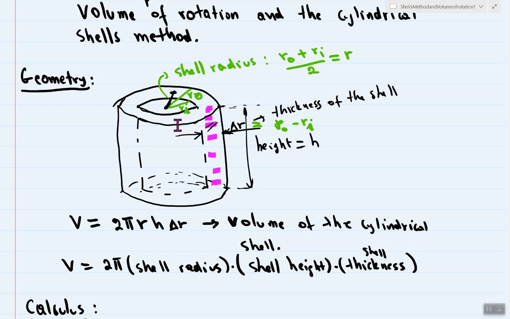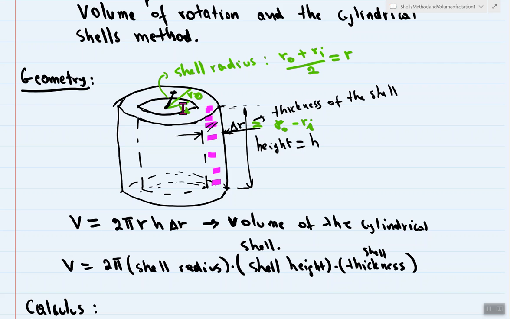So to find the volume of this cylindrical shell, this is what we need. We need the shell height. How tall is this cylindrical shell? We call that height h. And what is the thickness of the shell? The distance between the two cylinders, we call that delta r.